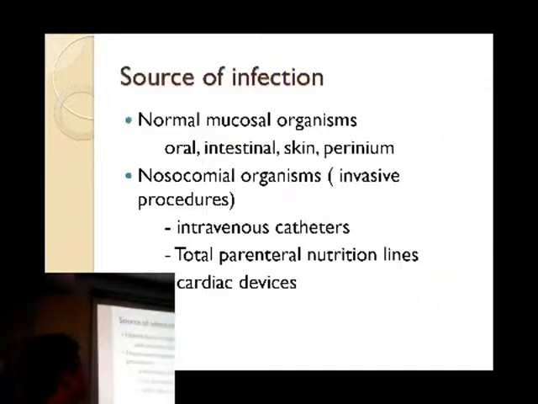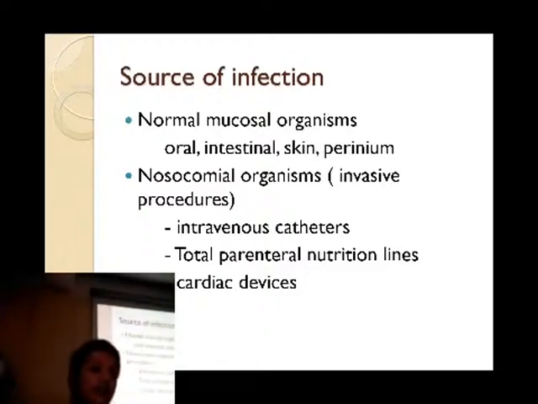Now let's look at the source of infection. In broad, we can divide the source of infection into two categories. Infections acquired through normal mucosal organisms: we acquire infective endocarditis generating organisms from oral mucosa, intestinal mucosa, skin and perineal area.